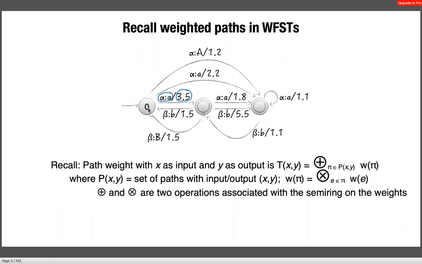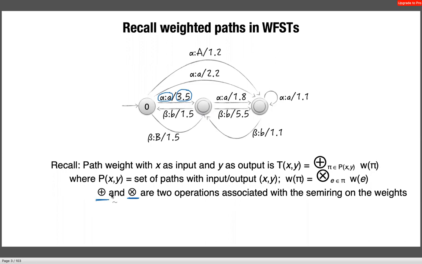So the first question that you need to ask is what is the semi-ring associated with the weights in this particular WFST? Now semi-rings are associated with two operations, the sum operation and the times operation. These can be different operators, and this will change the semantics of how the weights are accumulated.